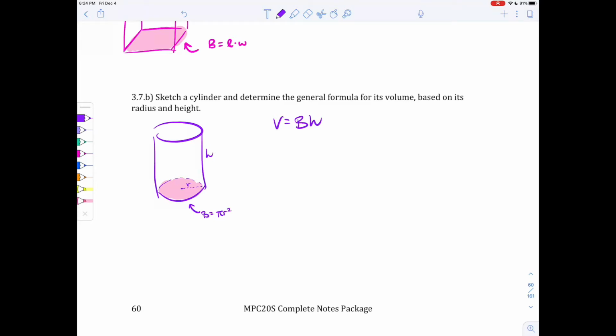When we then stick that in for this base, we can say that the volume is pi r squared, replacing the base, times height. So it provides us a direct way to get the volume of the cylinder based on that height and radius.